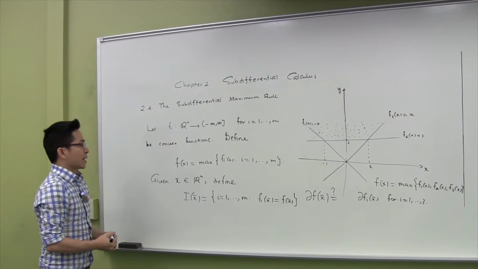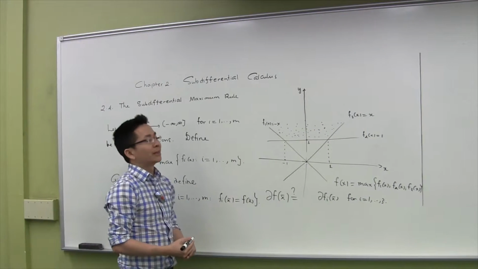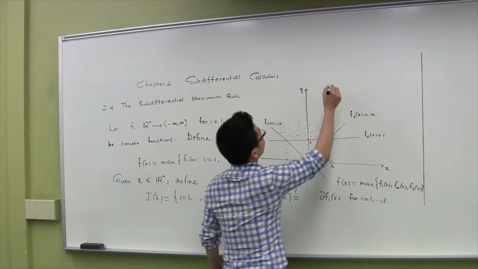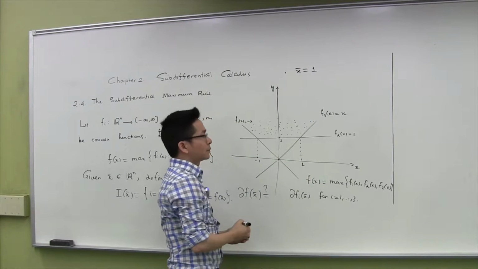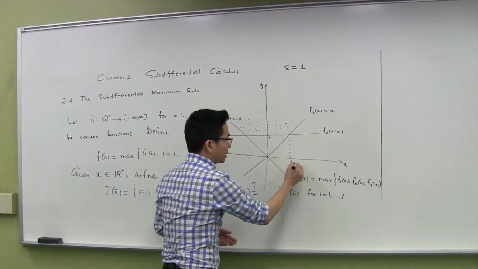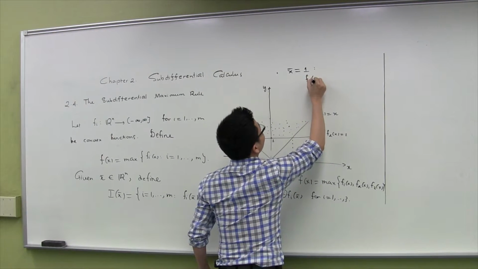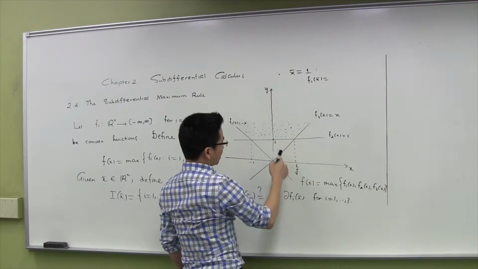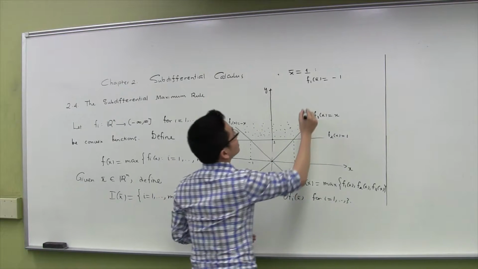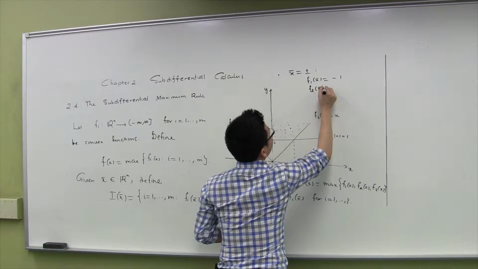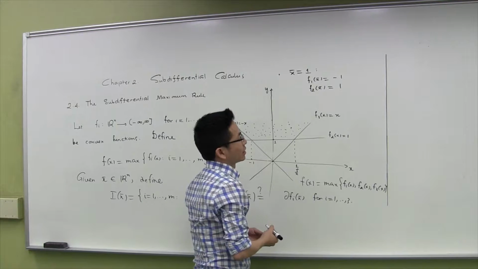In order to understand the active index set, we're going to look at this example. Consider the case where x bar is equal to 1. This is x bar. In this situation, f1 of x bar is equal to minus 1 because f1 of x is equal to minus x. f2 of x bar is equal to 1 because the function f2 is the constant function.